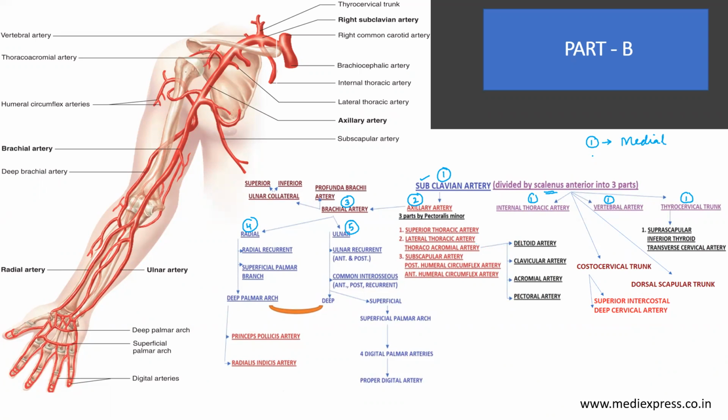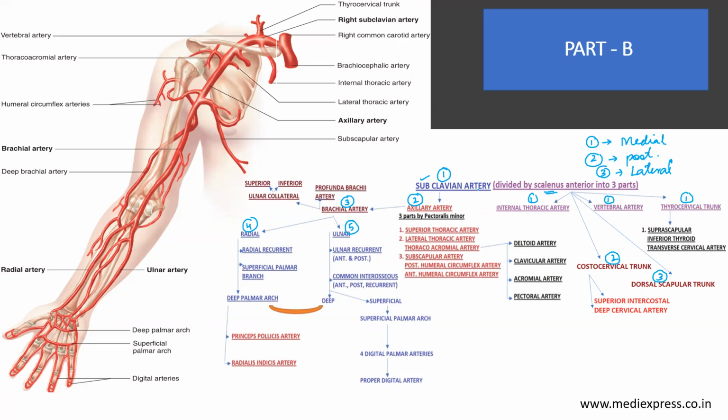Now second part, we have only one artery, that is the costocervical trunk, and that passes from the posterior to the anterior scalenus muscle. Third part, we have the dorsal scapular trunk, and that is from the lateral border. This is important.